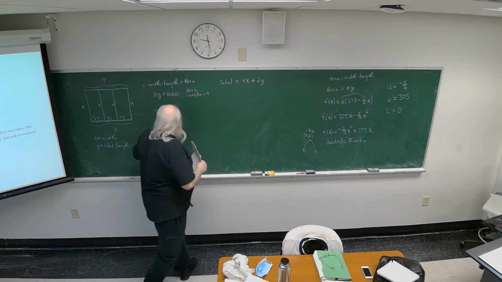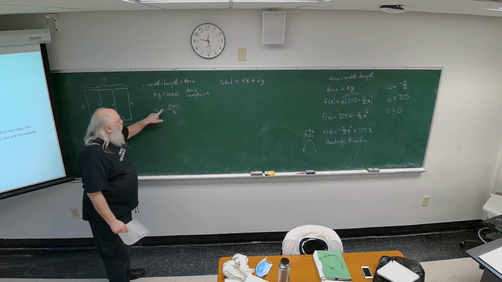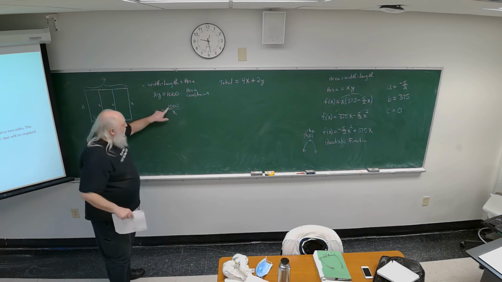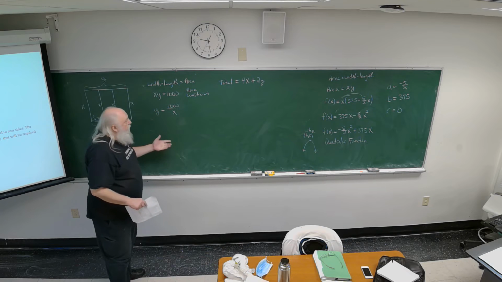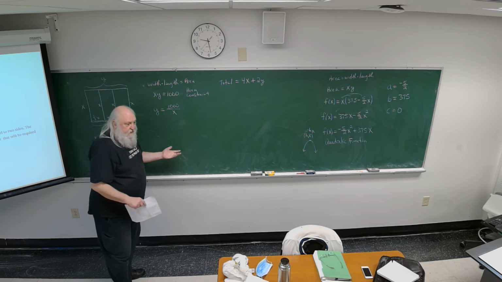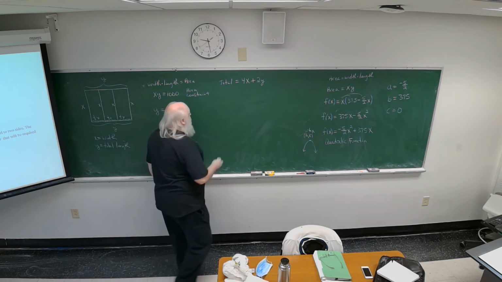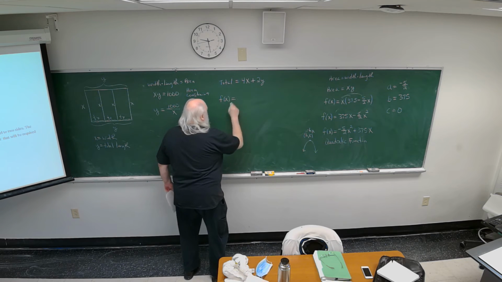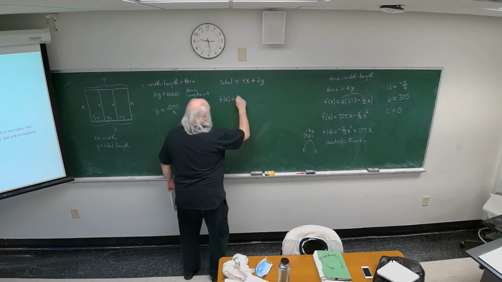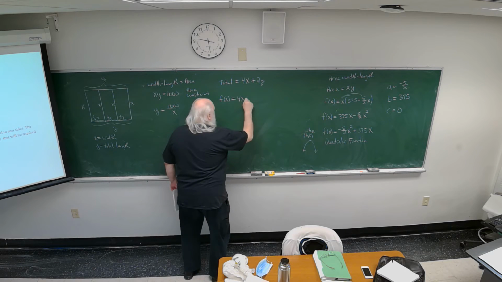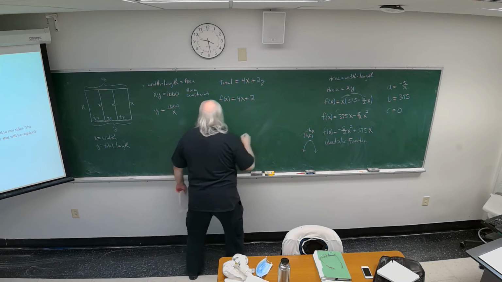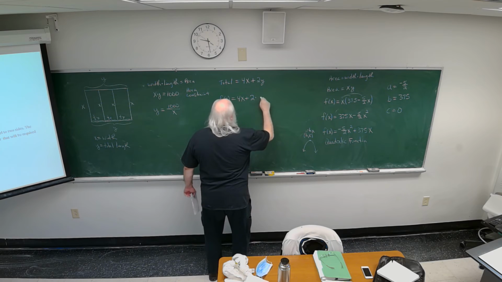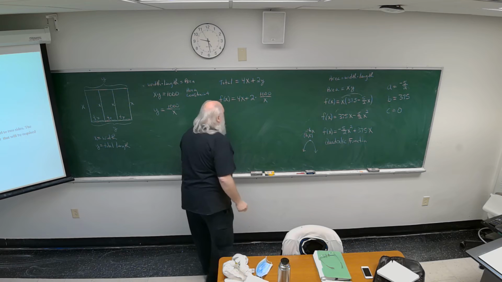So now if we replace y in our equation with 1,000 over x, we can write the total amount of fencing needed as a function of x. Total amount of fencing as a function of x is equal to 4x plus 2 times 1,000 over x.